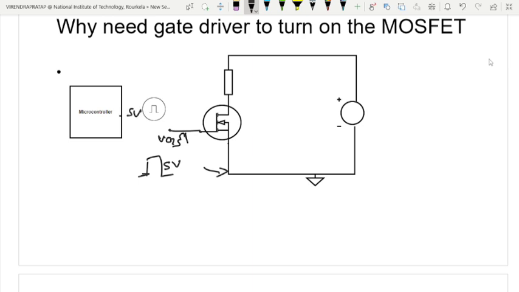Suppose to turn on the MOSFET we are applying 5 volts for a particular application. The switching frequency is 2 MHz and the gate charge is given in the datasheet.